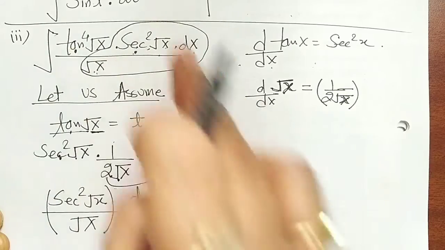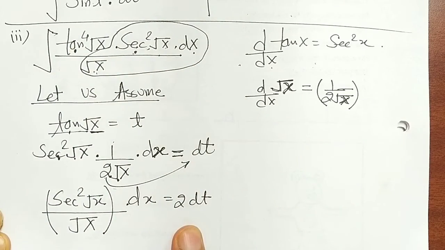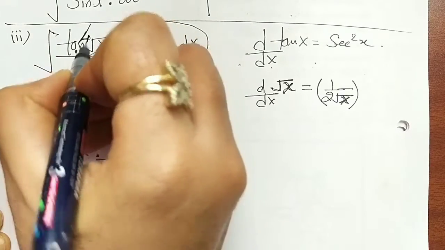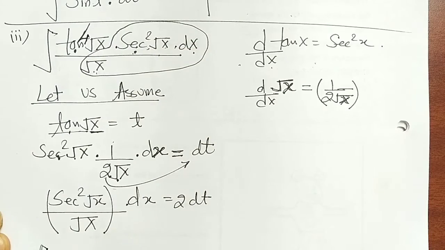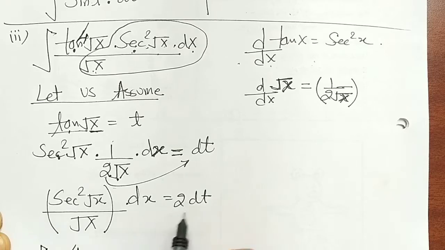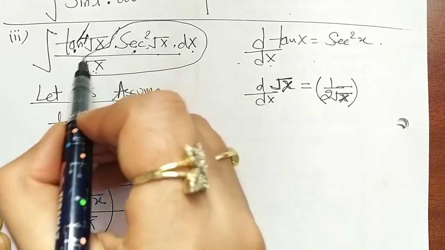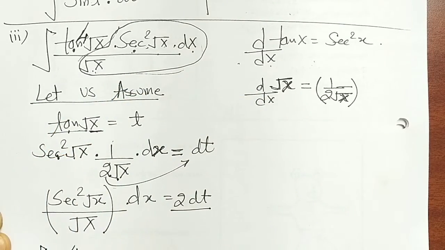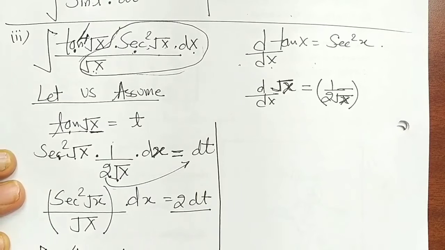This entire thing I can replace by 2 dt, and this I can replace by t raised to power 4, and this whole thing you can see is twice of dt. Understood?